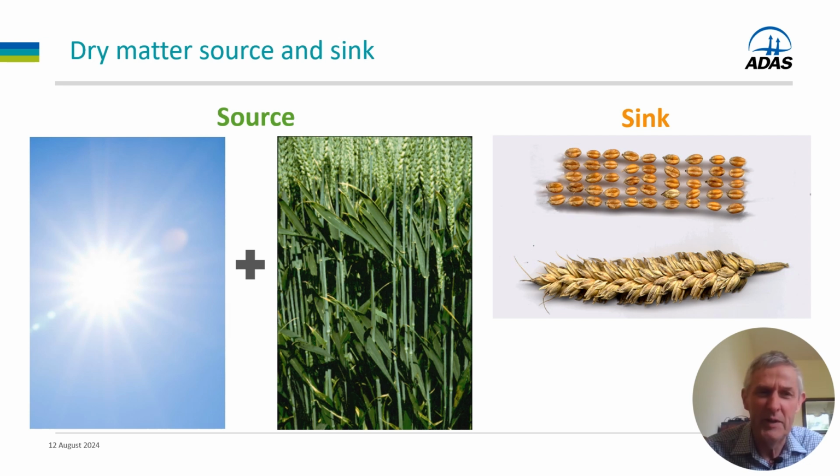So that determines the amount of carbohydrate and to some extent protein that's produced. And on the other side of the equation, we've got the sink capacity to store that carbohydrate and protein, which is determined by potential grain weight, the number of ears per meter squared, and the number of grains per ear. And the more of those we've got, the greater the capacity for storage.